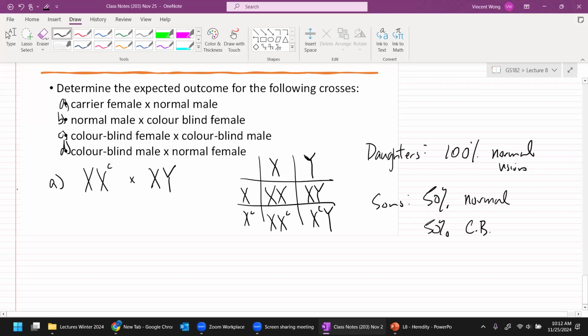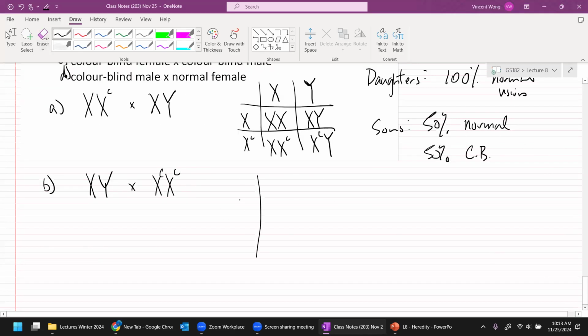So for this one, for B, normal male is XY. Colorblind female is XCXC, right? So if you do the Punnett square, XY on the side, again, these can be interchanged, it doesn't matter.